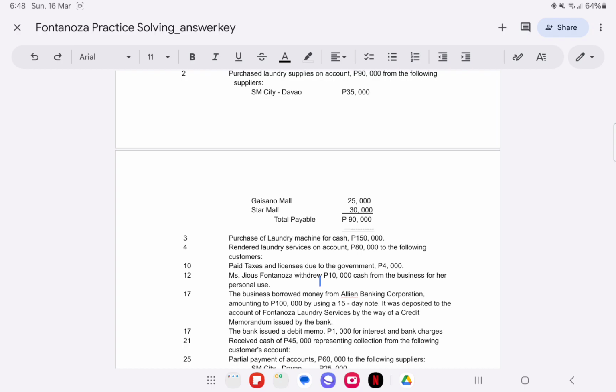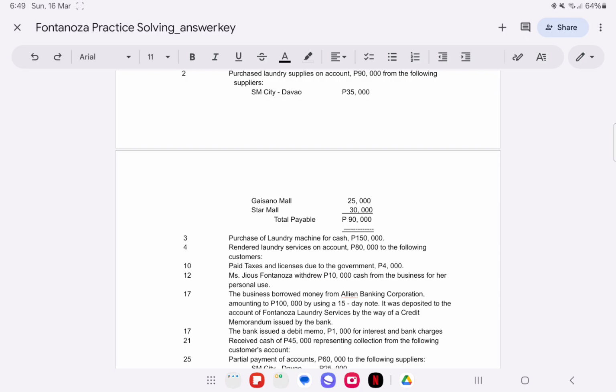So you give J. Fontanoza 10,000 in cash, and you record J. Fontanoza drawing, for us to know that Fontanoza is withdrawing cash for her personal use.